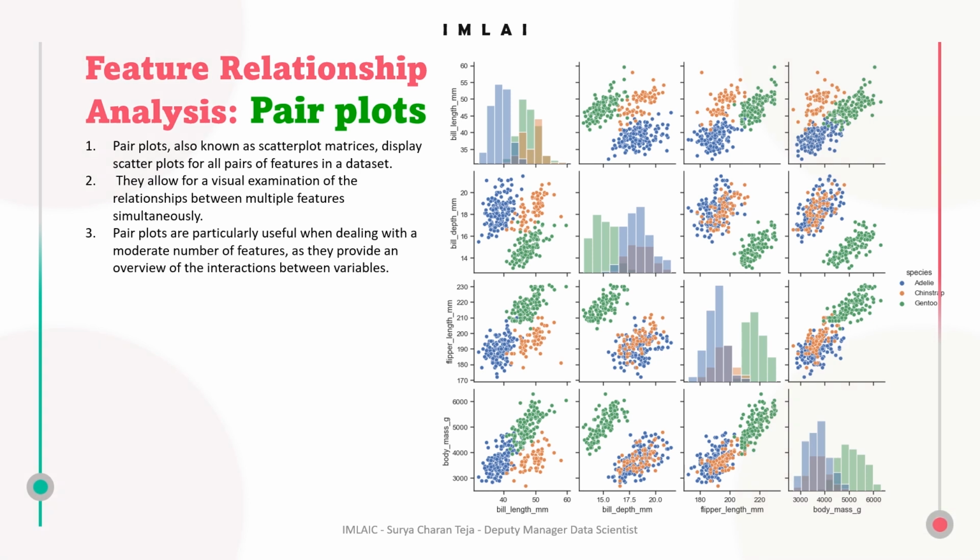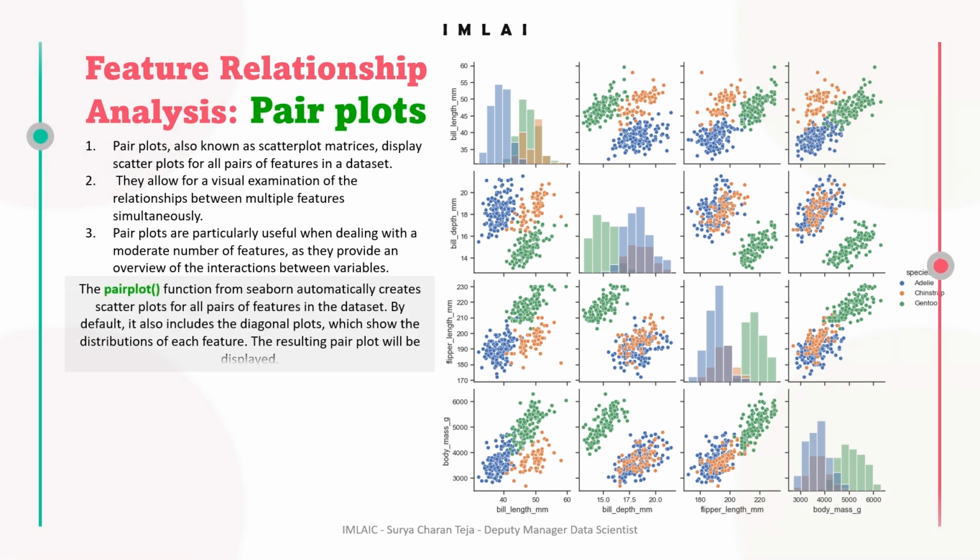This is the example. You can create a plot which conveys the relationships between various features in one plot, and that is your pair plot or scatter plot matrix, which you can see on the screen, and this is how it's useful.